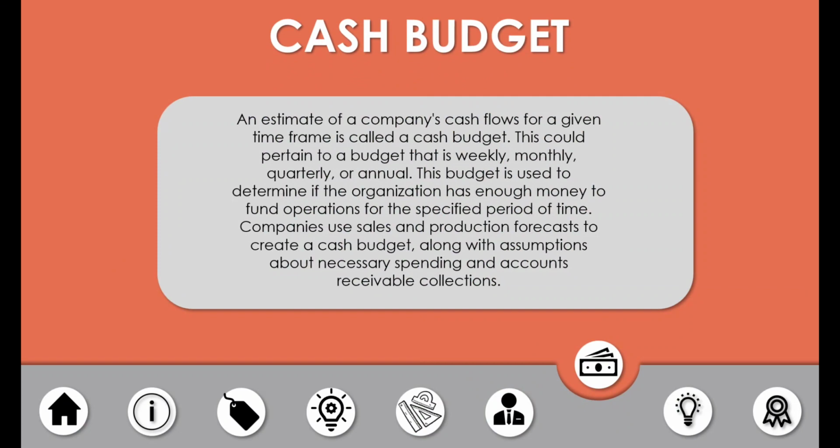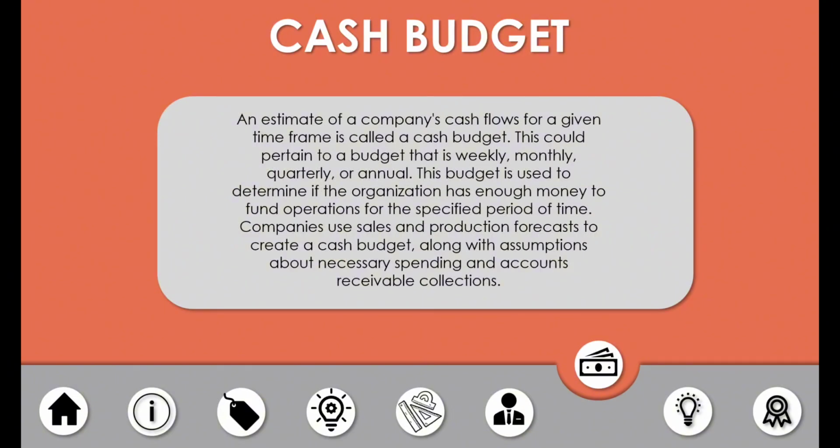Cash budget. An estimate of a company's cash flow for a given time frame is called a cash budget. This could pertain to a budget that is weekly, monthly, quarterly, or annual. This budget is also used to determine if the organization has enough money to fund operations for the specific period of time.